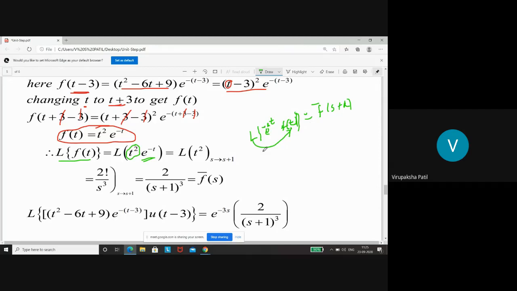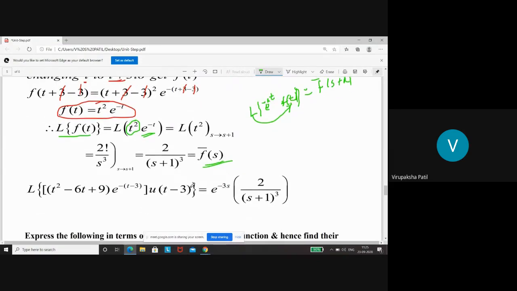Is that clear? Yes, sir. Now, what is the Laplace transform of t square? 2 factorial divided by s cube, where s changes to s plus 1. Therefore, wherever s is there in this result, put s equal to s plus 1. So you will get 2 divided by s plus 1 whole cube. This is your f bar of s.